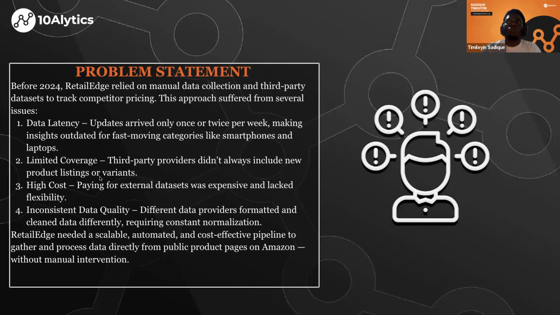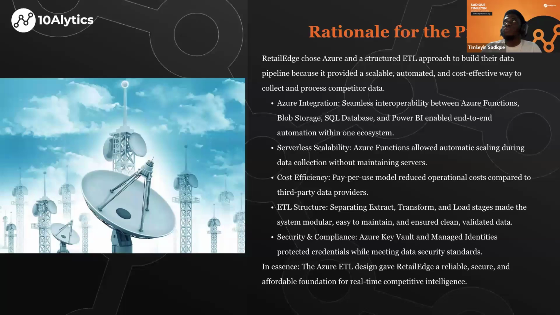Third-party providers didn't always include new products, high costs, and inconsistent data quality. And when you are paying for external data sets, instead of you just going there to, I wouldn't say steal, but just take a quick peek at their prices and then compare to your organization's prices and make strategic decisions, you would be paying for their data sets most of the time because most of these organizations do sell their data to other organizations.